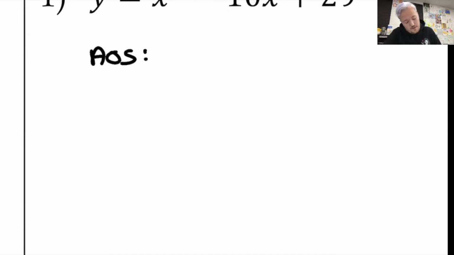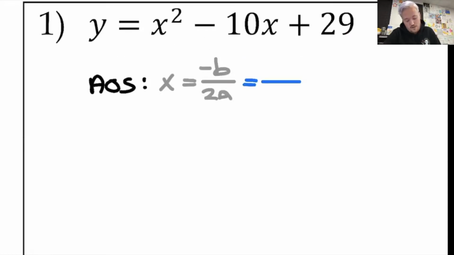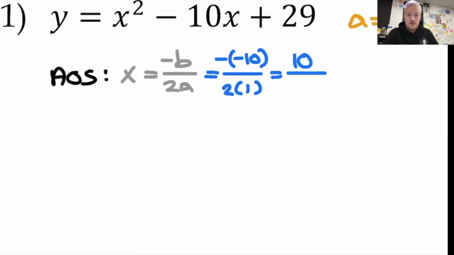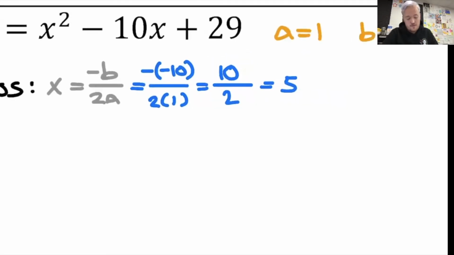Once again, this is going to be x equals the opposite of b over 2a. So when I start actually finding it, we want negative of -10 over 2 times 1. When I take the opposite of a negative, that turns into a positive. In the bottom, we have 2 times 1, which gives you 2. Then simplify, we have an AOS of 5.